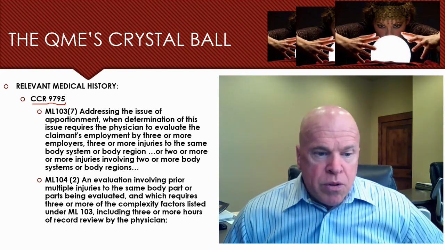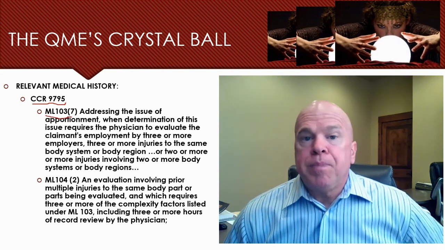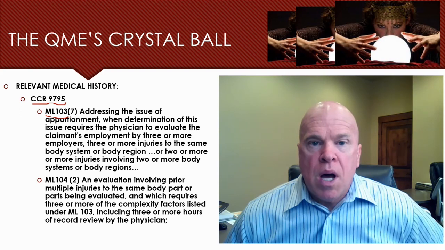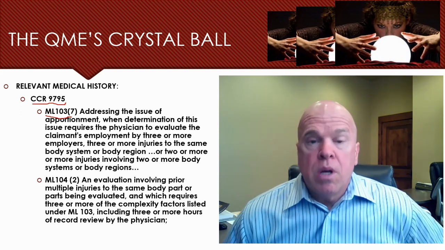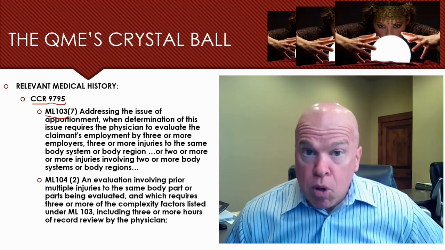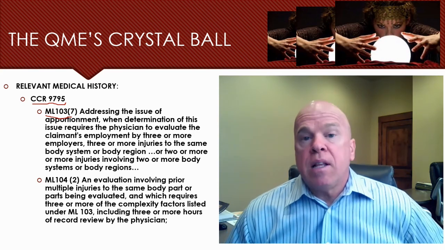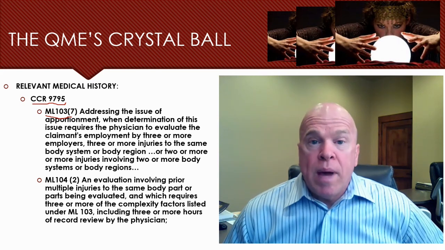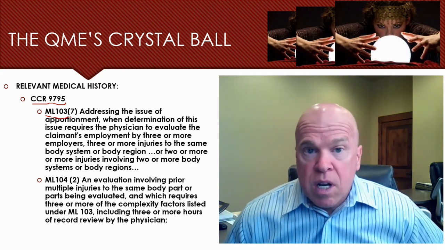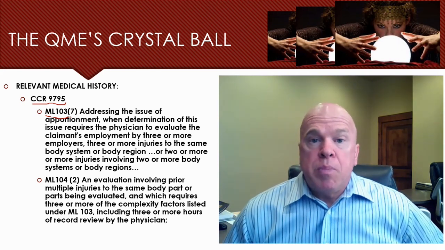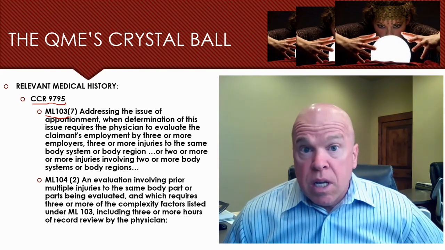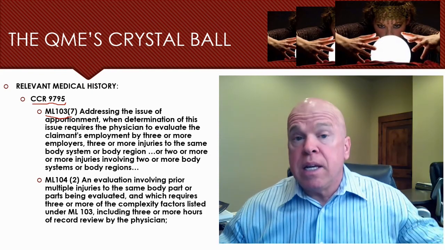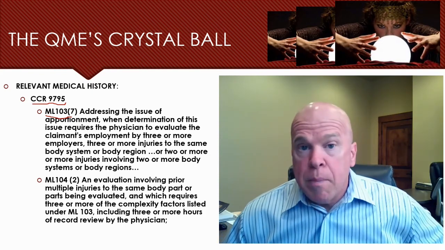Under the ML 103, item number 7 has to deal with apportionment. And apportionment, as we know, relates to informing the employer or the claims representative exactly how much of the permanent impairment they are liable for. If we go back to 2004 and the passage of Senate Bill 899, Senate Bill 899 was passed in an attempt to address what were referred to as skyrocketing costs in workers' compensation.